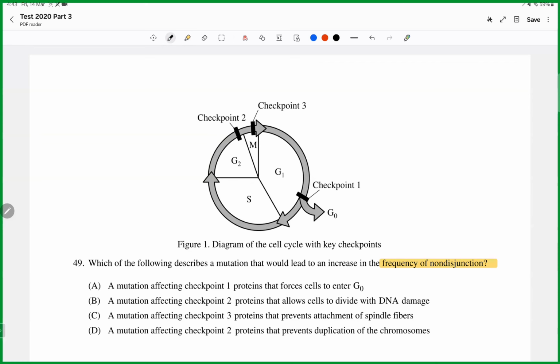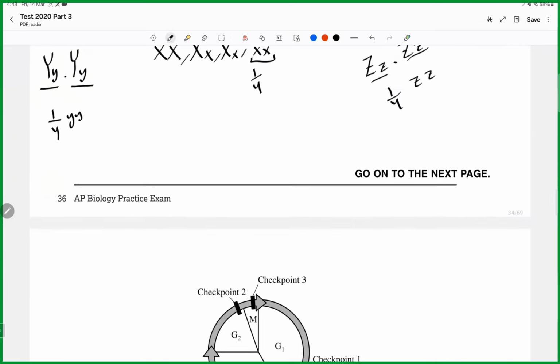So affecting the M stage, because anaphase happens in M. So yeah, checkpoint 3. Right, checkpoint 3. We got it?